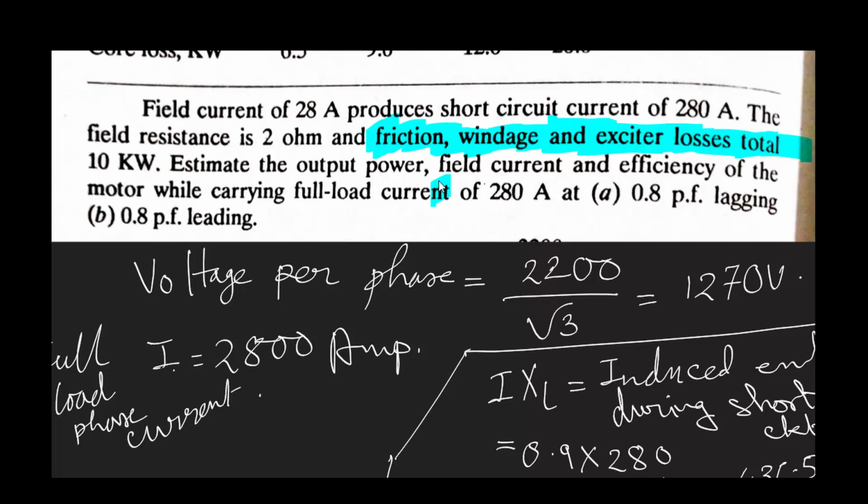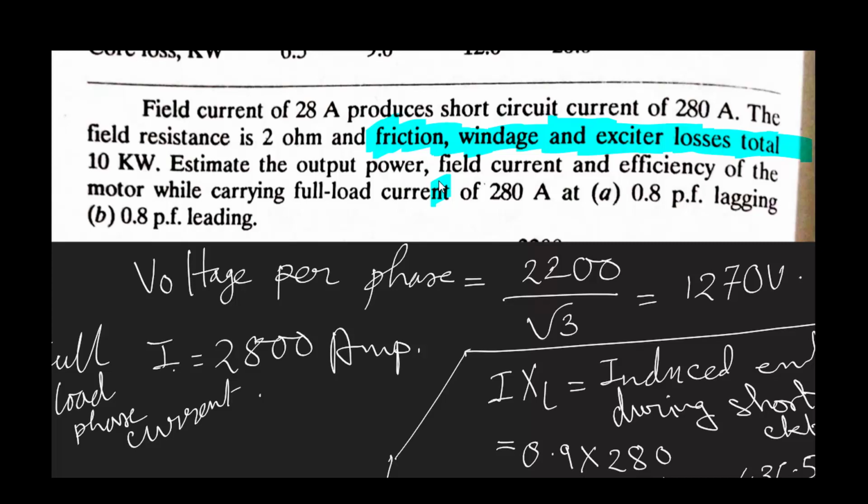Obviously, it is very rational to expect that internal and external, like E and V, must have some relation. It is not possible that I am increasing V and my E goes down. That is not possible.